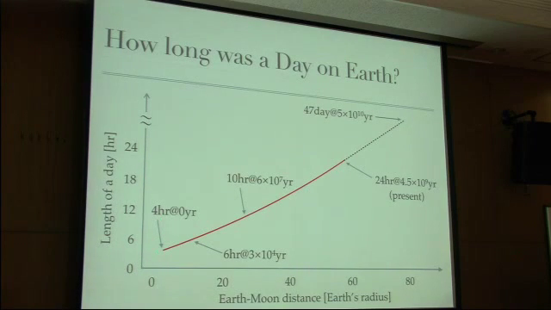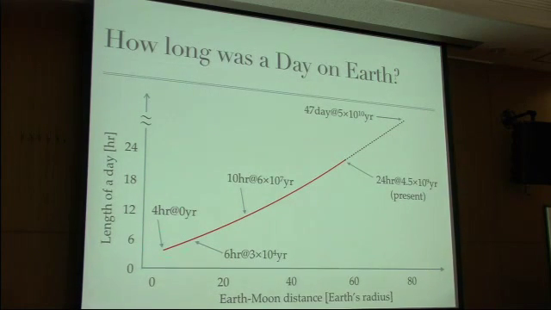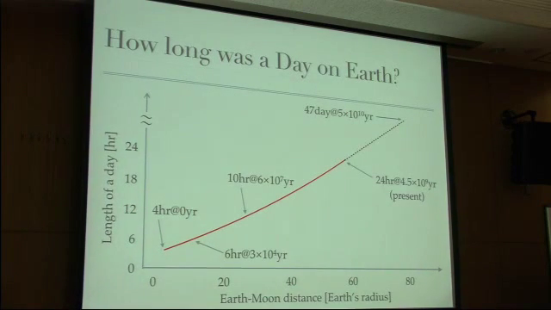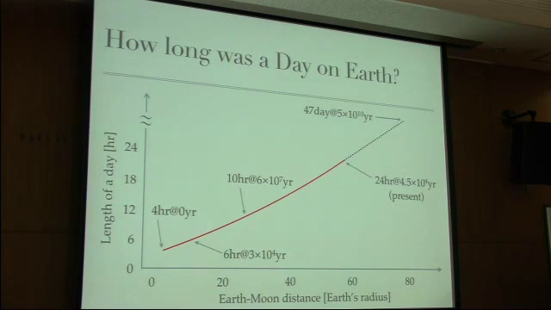And this line is estimated based on the exchange of angular momentum between the Earth and the Moon. At the beginning, the Earth-Moon distance is about 3 Earth radii, just outside the Roche limit, so the Moon is very close to the Earth. And we can estimate the length of the day using the angular momentum exchanged between the Earth and the Moon.